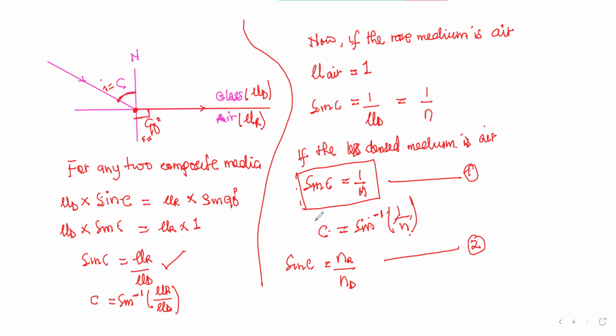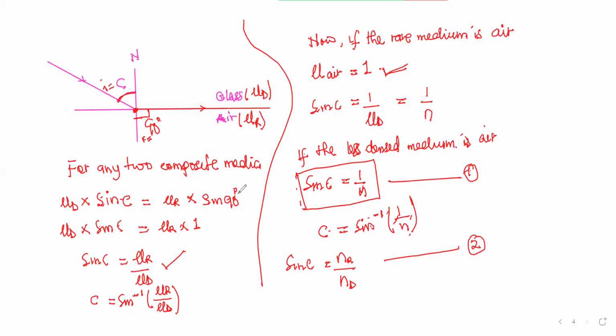Frank. So the refractive index of air is sine 90. No, the refractive index of air is equal to 1. Air and vacuum is equal to 1. That is how come I represented this by 1.